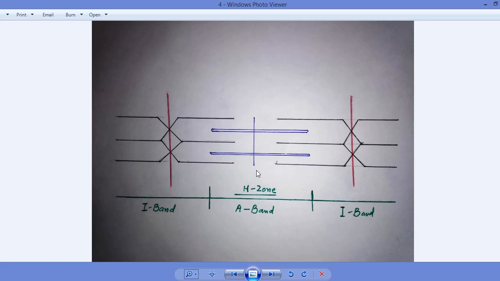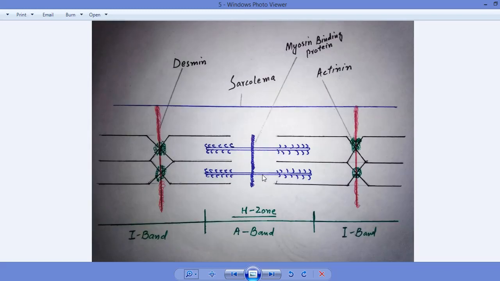The H zone is the zone inside the A band where the light can easily pass, which is not so thick, which is not showing any overlapping, and where the cross bridges are also absent.